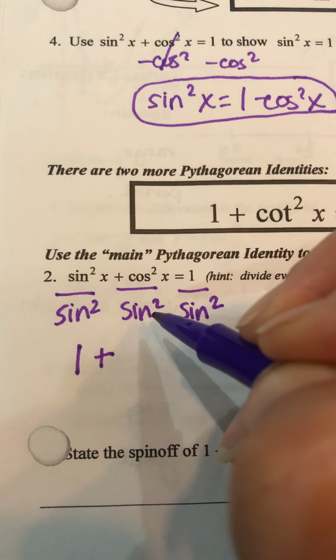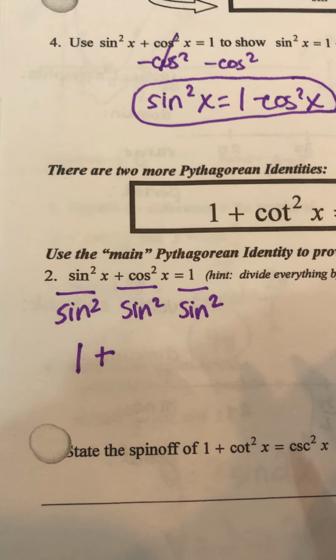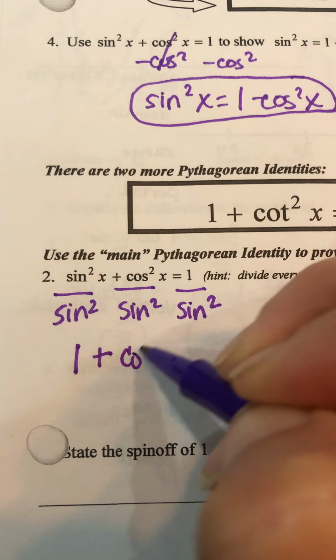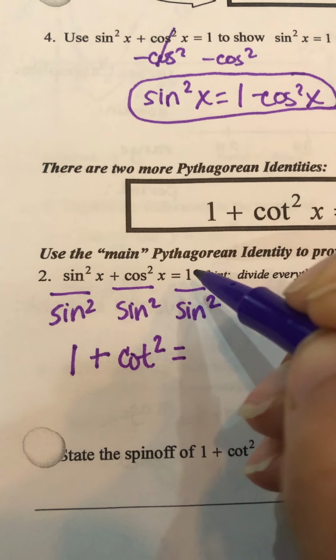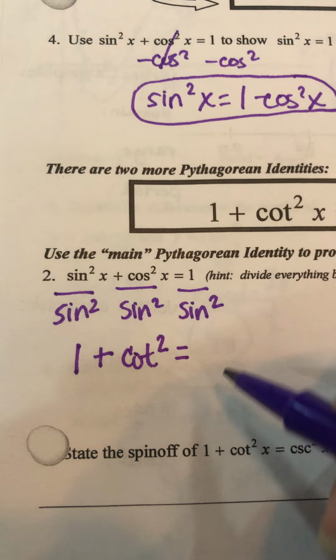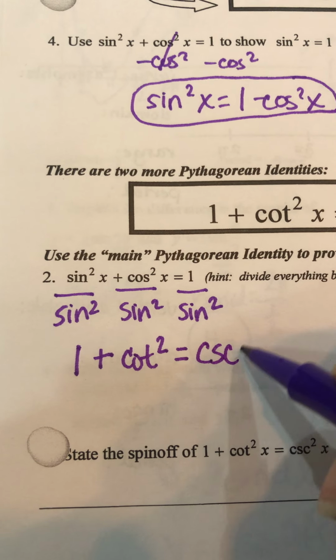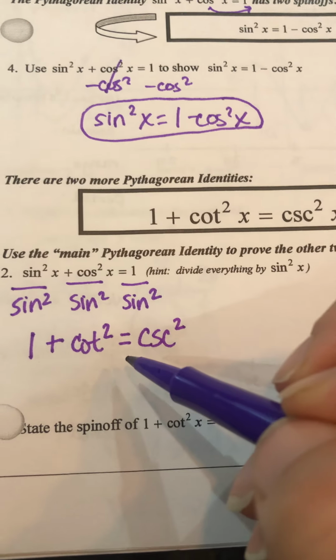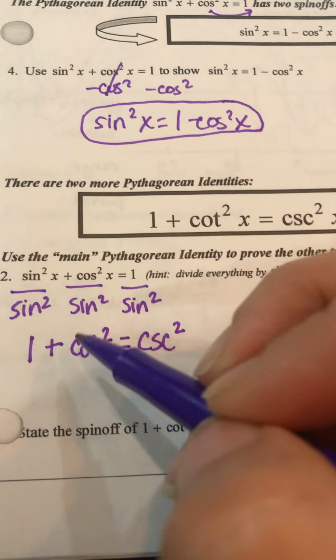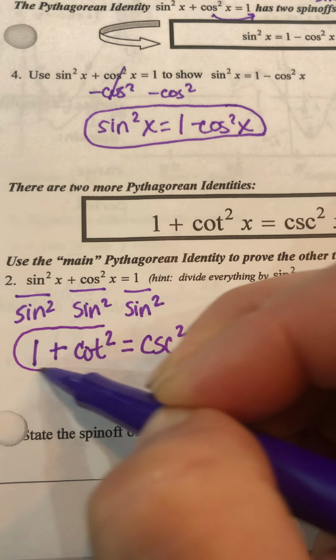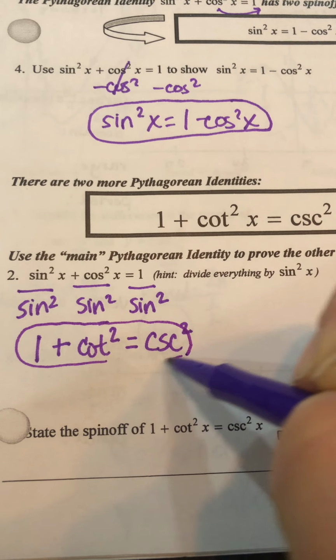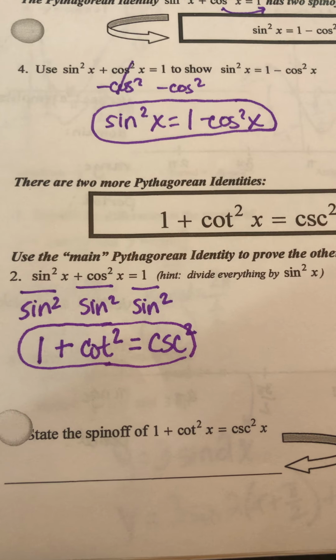What's cos squared over sine squared? You're right. Cotan squared. What's 1 over sine squared? You're right, cosecant squared. Ta-da! 1 plus cotangent squared equals cosecant squared. All we did was take the main trig identity and divide everything by sine squared.